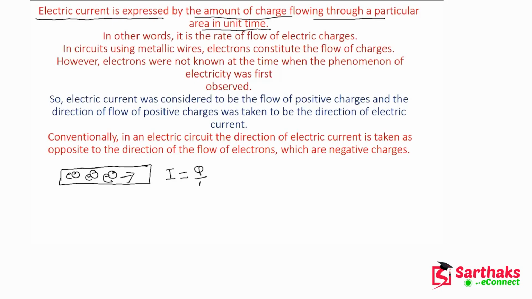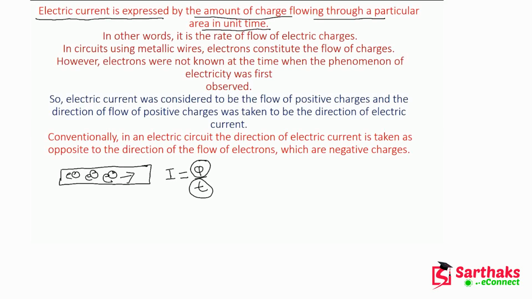I will simply write Q upon T. It simply means that in 1 second, how many charges flow in this area. In 1 second, how many charges are flowing in this area defines electricity.